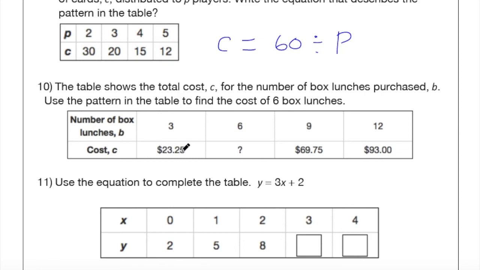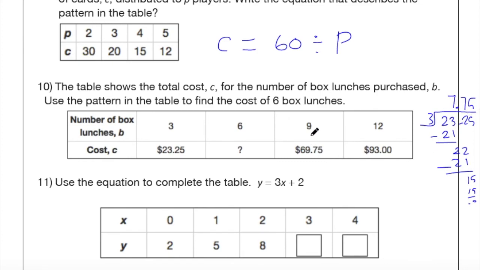Maybe it's multiplied by a number, because here 9 gives you 69.75. Let us divide and test this number. 23.25 divided by 3 equals 7.75.